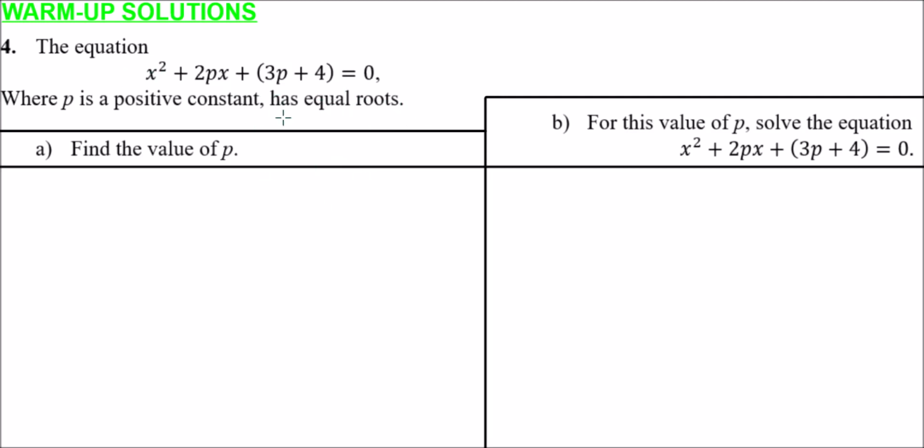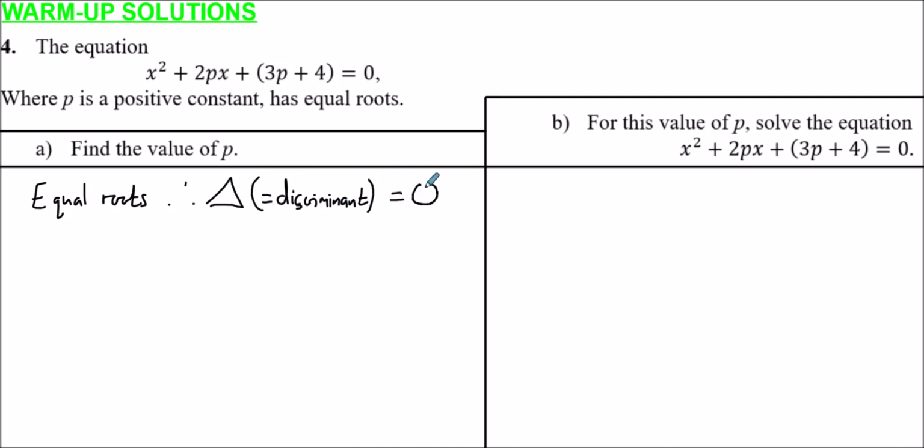It's a question about the discriminant. Okay, so what we need to do here is remember that equal roots means that the discriminant, this triangle symbol, which I can rewrite for you here in case you've forgotten what it means, must be equal to 0.